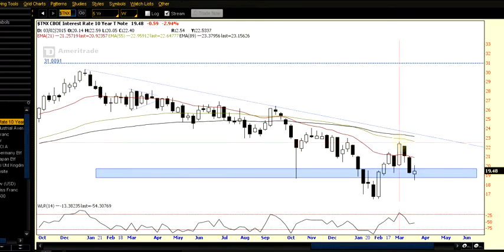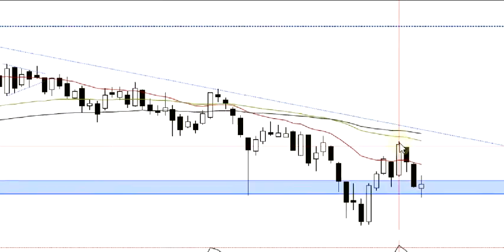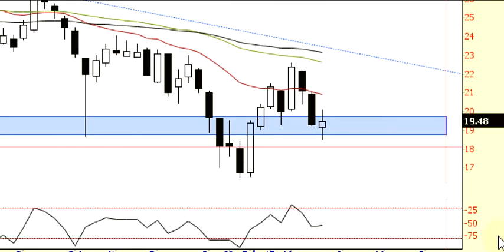Hold on, let me zoom in a little bit. Something that looks a little bit like this, where this is the first pullback here, and then you get a little run up like this, and then a pullback like this. That didn't draw very well. Pullback like this, and then the market breaks through this descending trend line here, and probably off to higher highs.